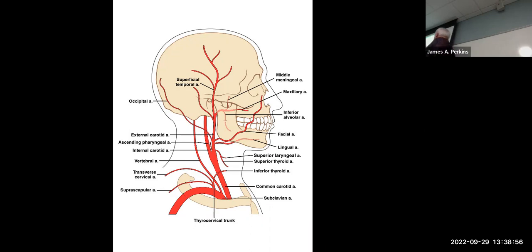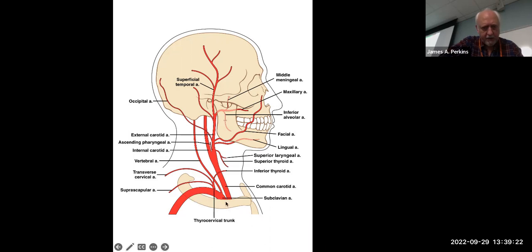It's kind of hidden by the clavicle in this view. But on the right side, there'd be a brachiocephalic artery that would split into right subclavian and right common carotid. If we were looking at the left side of this person, the left common carotid and the left subclavian branch directly off the aorta. There's no brachiocephalic artery on the left side.